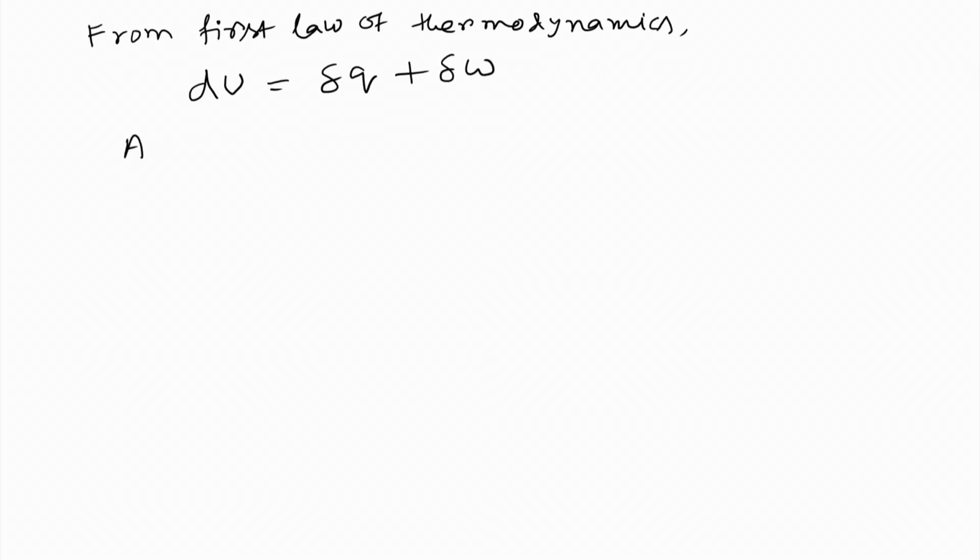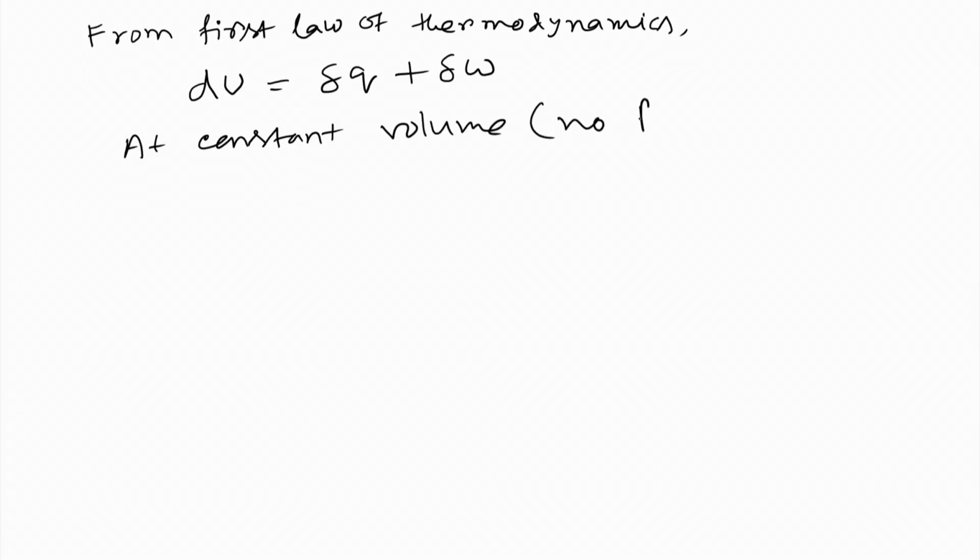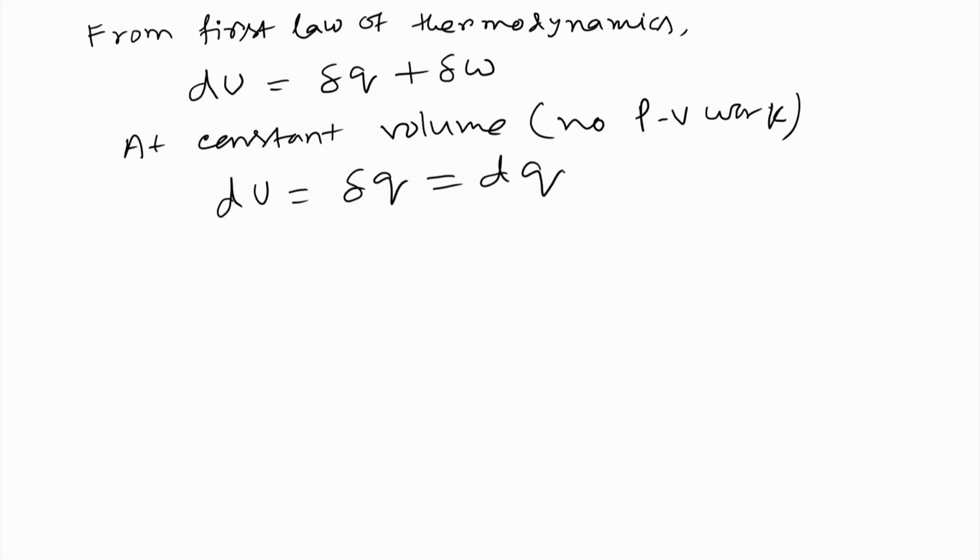At constant volume, when volume is constant, there is no PV work. So, dU is del Q, right. And in this special case, when del W is 0, we can write dU as dQ, and Q is a state function in this special case. Okay.